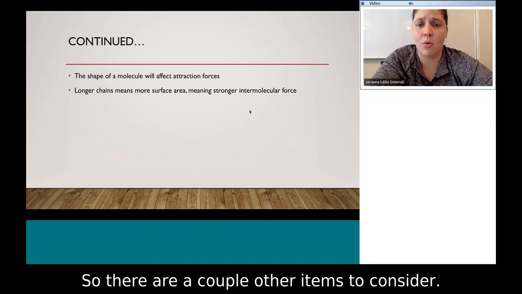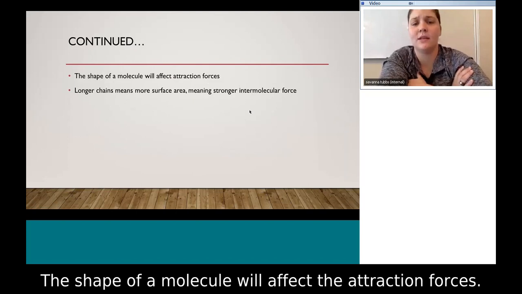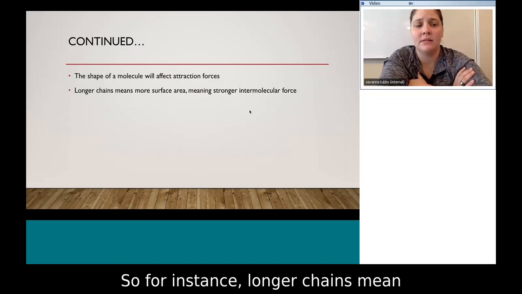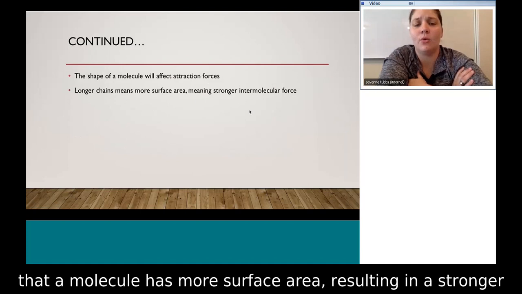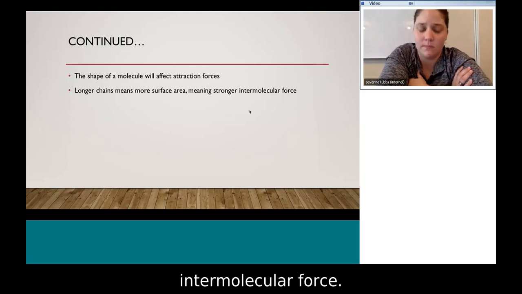So there are a couple other items to consider. The shape of a molecule will affect the attraction forces. So for instance, longer chains means that a molecule has more surface area, resulting in a stronger intermolecular force.